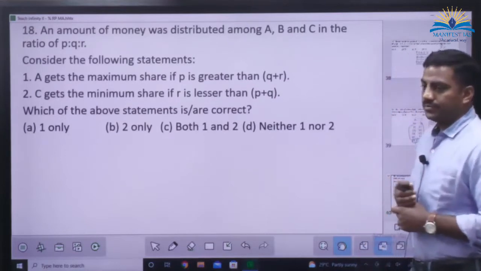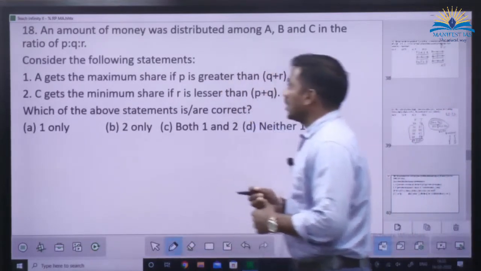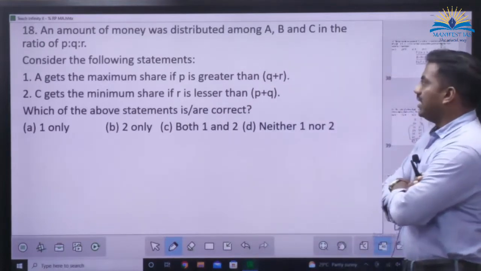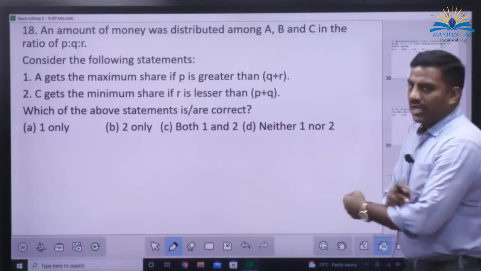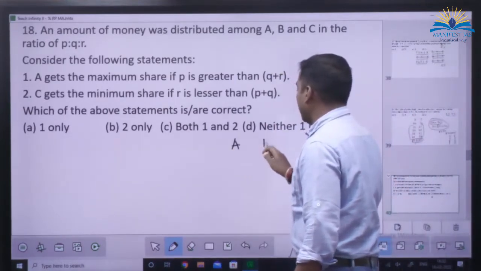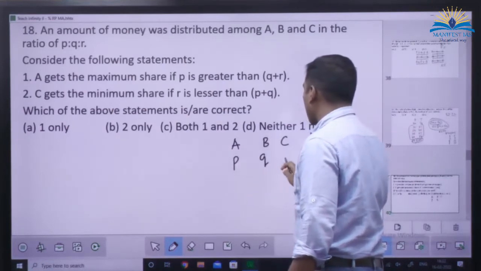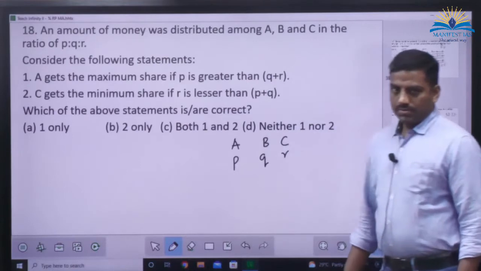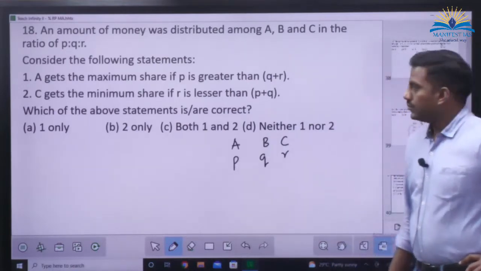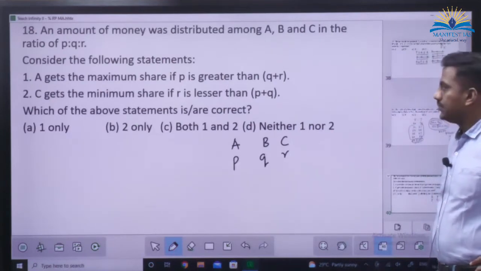Eighteenth question. An amount of money was distributed among A, B, and C in the ratio P is to Q is to R. A, B, C are getting the amounts P, Q, R. Fine. Consider the following statements.